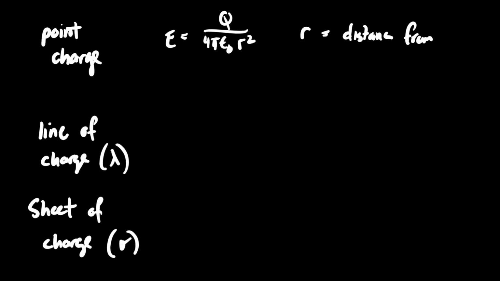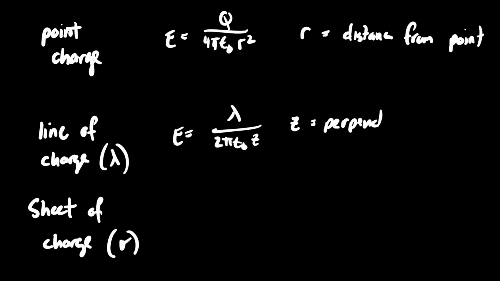Line of charge: lambda over 2 pi epsilon naught z, where z is the perpendicular distance from the line. And sheet of charge: uniform.